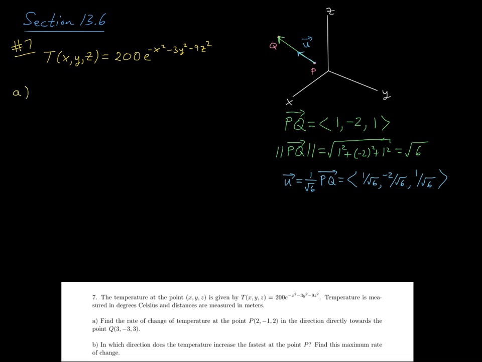Now to find our directional derivative, the first thing we need is our gradient. So let's compute the gradient of our temperature function, which means computing these partial derivatives.